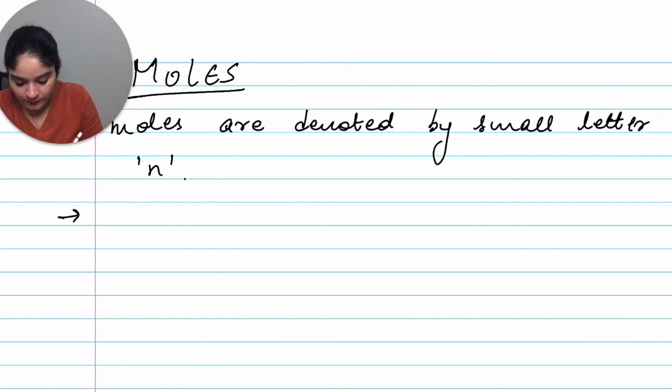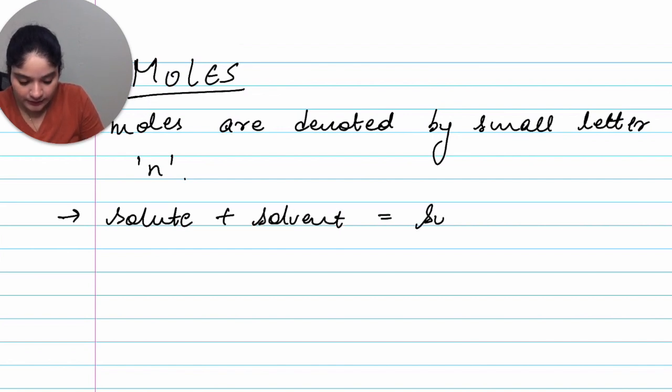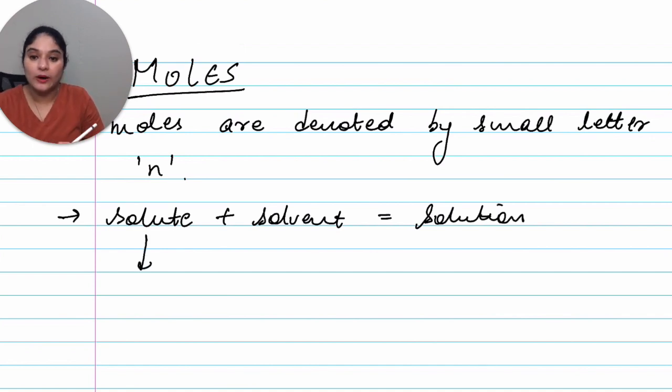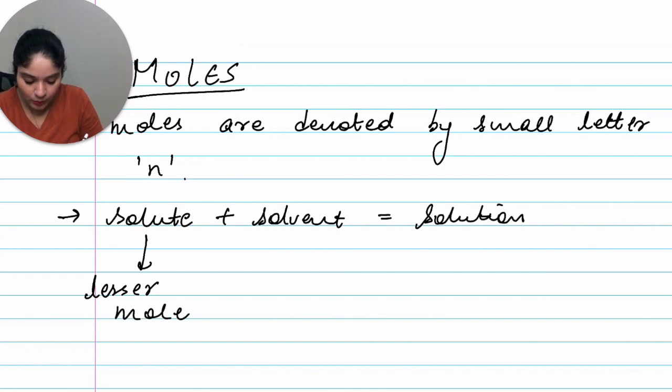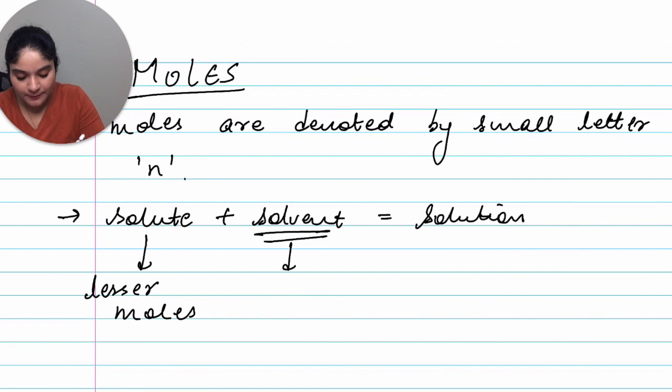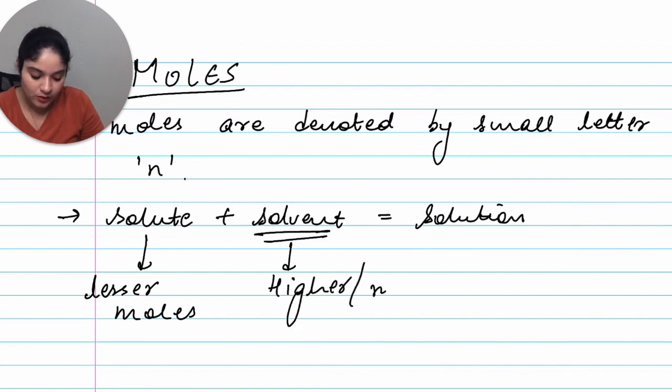The second information is solute plus solvent equals solution. So the solute will be the one with lesser moles, and solvent will be the one with higher moles, or more moles, whatever you want to say.